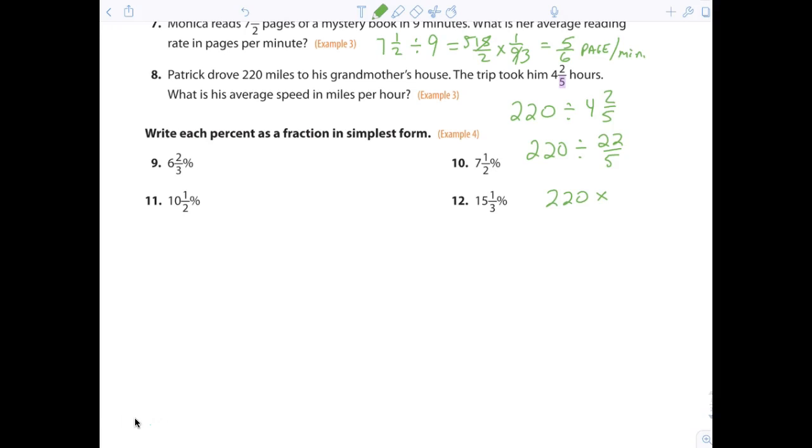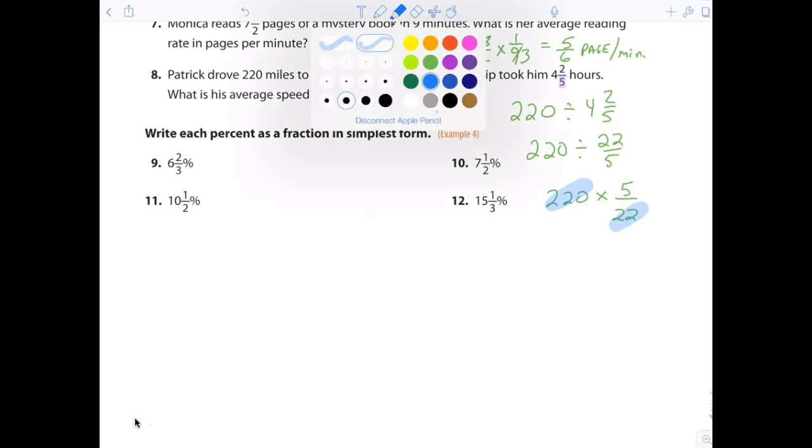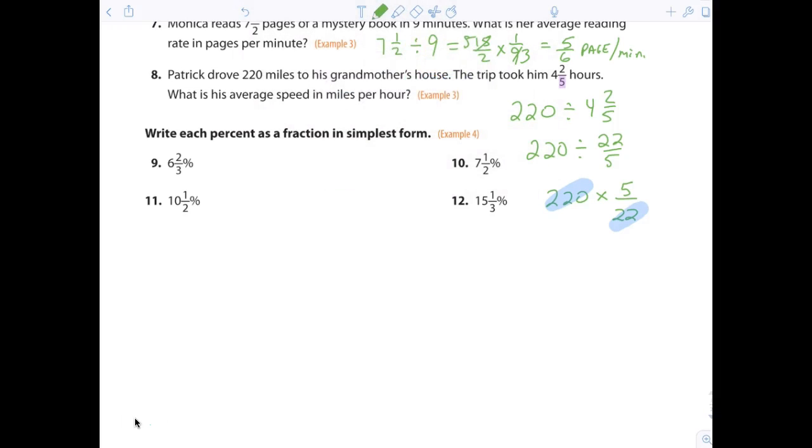So it becomes 5 over 22. Good. Now, 220 divided by 22. What is that? Is it 10?